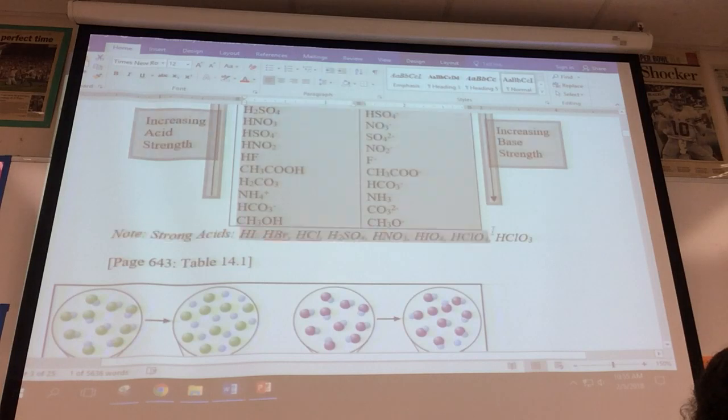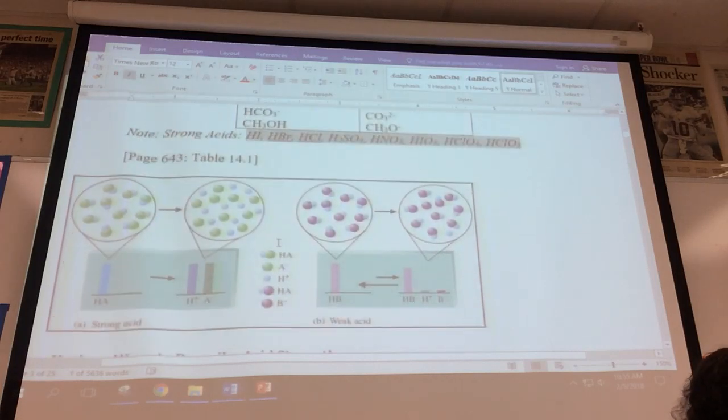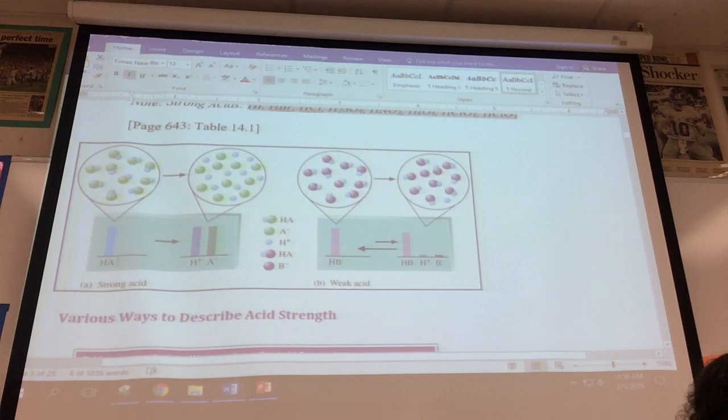We've mentioned the strong acids previously, and this is what I wanted to show you in regard to concentration. Here's your strong acid HA, and when you compare this particulate diagram with this, what do you notice? 100% dissociation or ionization.